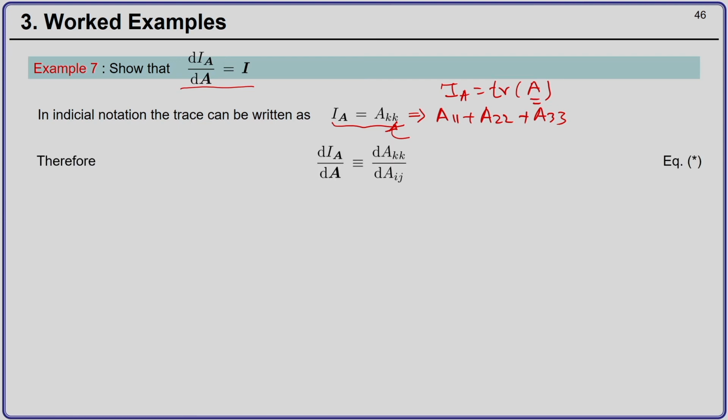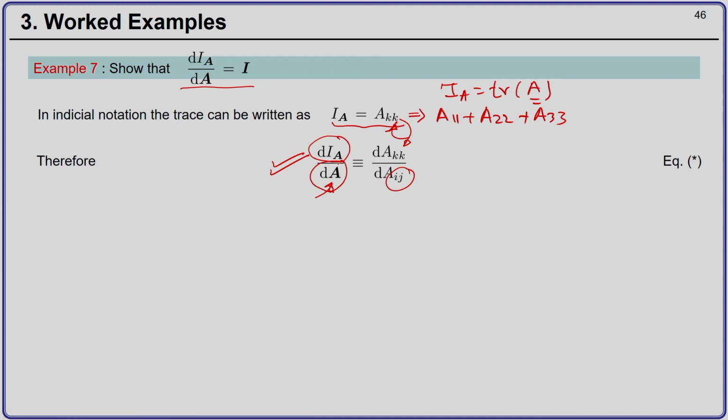Once we have this, we can write our given expression on the left hand side, the derivative of the first invariant of the second order tensor with respect to the tensor itself, in equivalent indicial notation. So, I_A is A_kk, so we have dA_kk divided by dA_ij. Why ij? Because the left hand side happens to be a second order tensor.